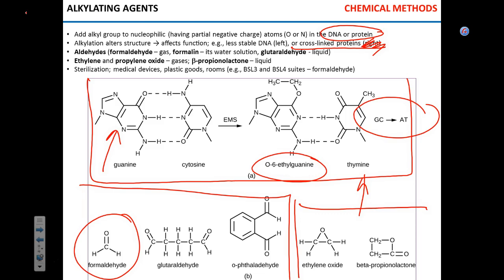Formaldehyde, pure formaldehyde, is a gas at room temperature. It is used for decontamination of BSL-3 and BSL-4 facilities. I lived through decontamination of our BSL-3. So what happens? All operations are shut down.